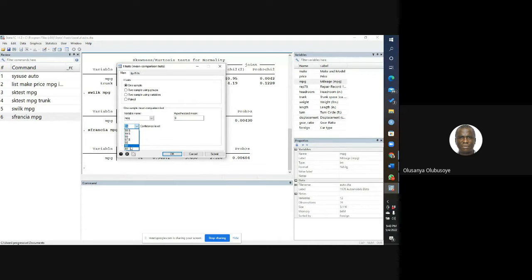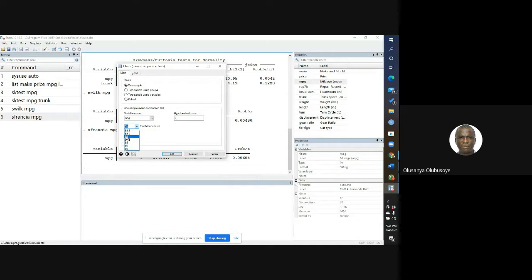And if you choose, it means your alpha level is 0.1, not 0.1. Sorry for that. If you choose 99, that's when your alpha is 0.01.